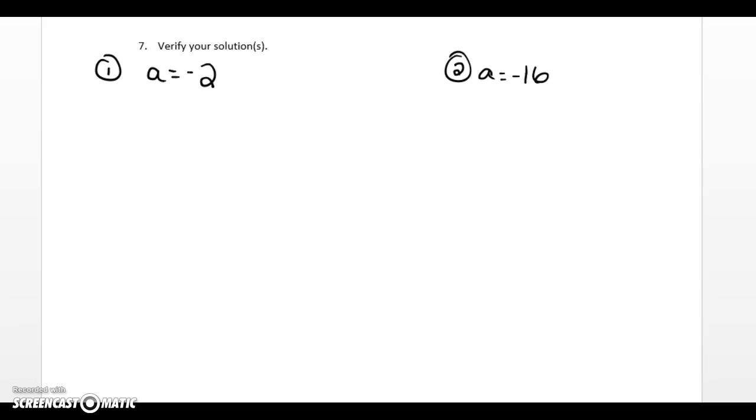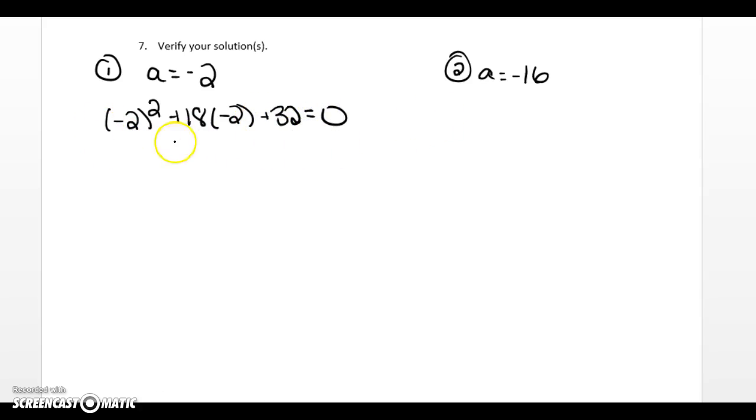So in order to verify, we're going to do exactly what we did in our previous lesson. We're just going to plug in our a value, a is equal to negative 2, into our equation. So every time we see a, we're going to put negative 2 in there instead. The original equation was a squared, so we write negative 2 squared, plus 18 times negative 2, plus 32 is equal to 0.